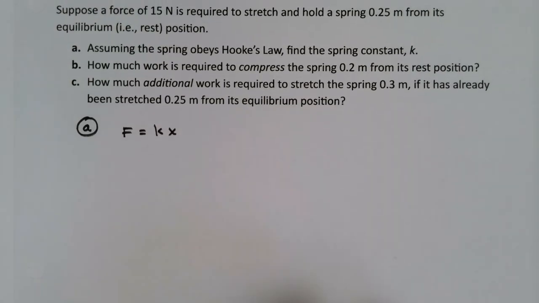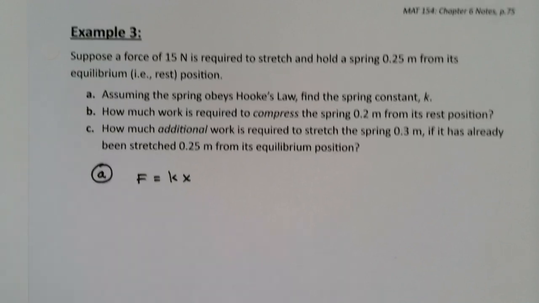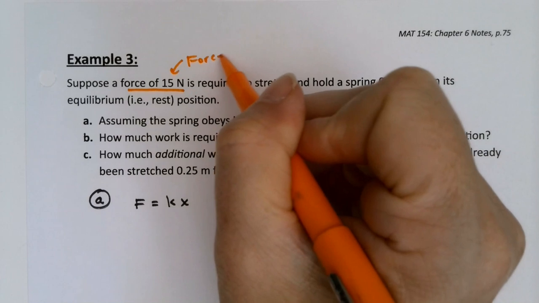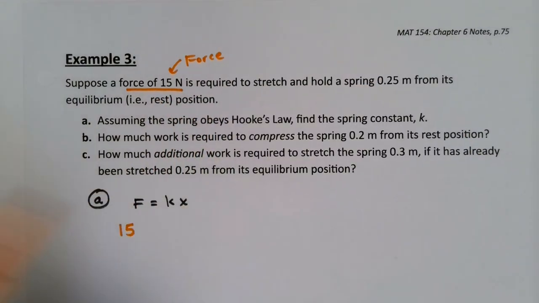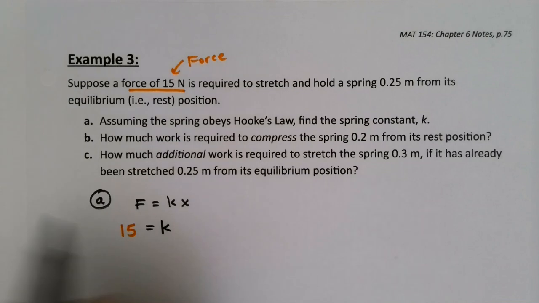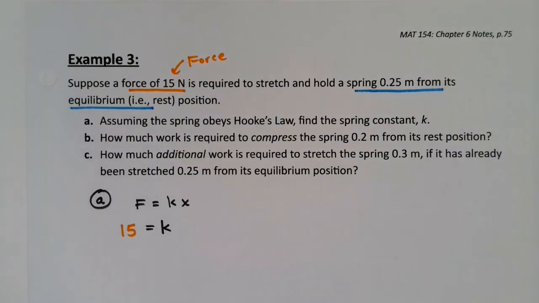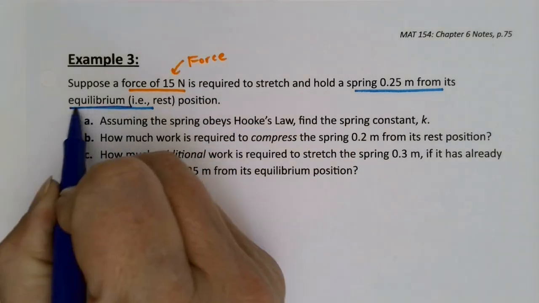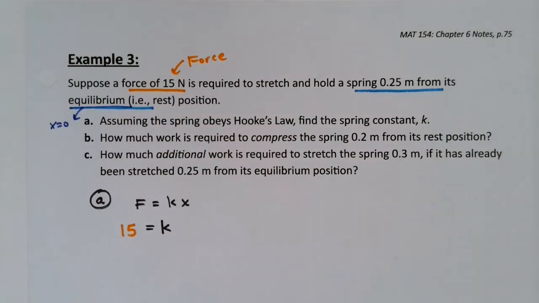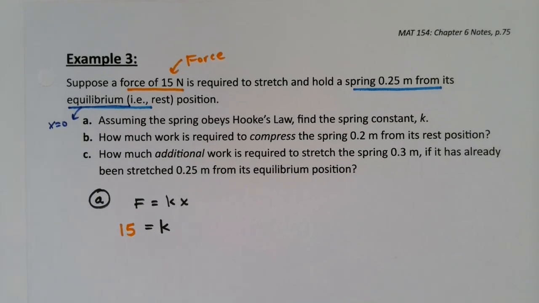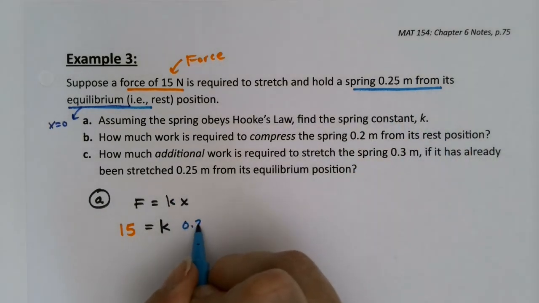They tell us that 15 newtons is required to stretch the spring 0.25 meters past its equilibrium position. The equilibrium position is 0, you're just going to let it sit there. So we want to stretch it 0.25 meters, so that would be 0.25.